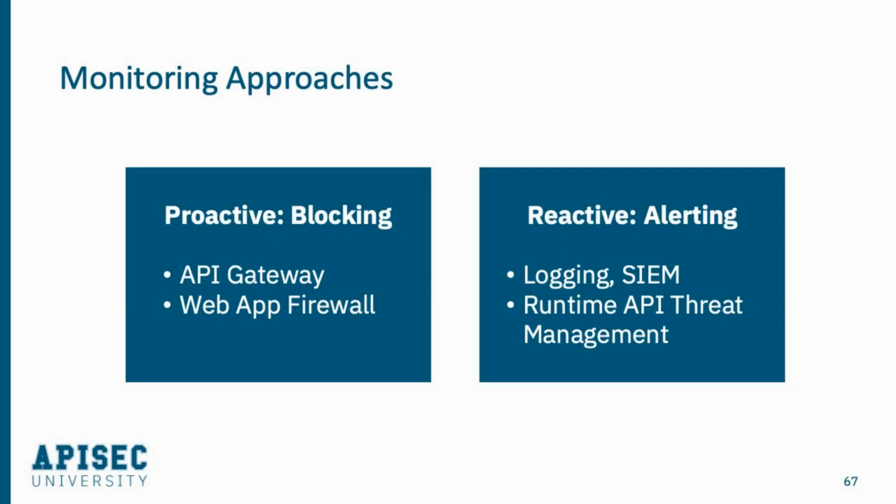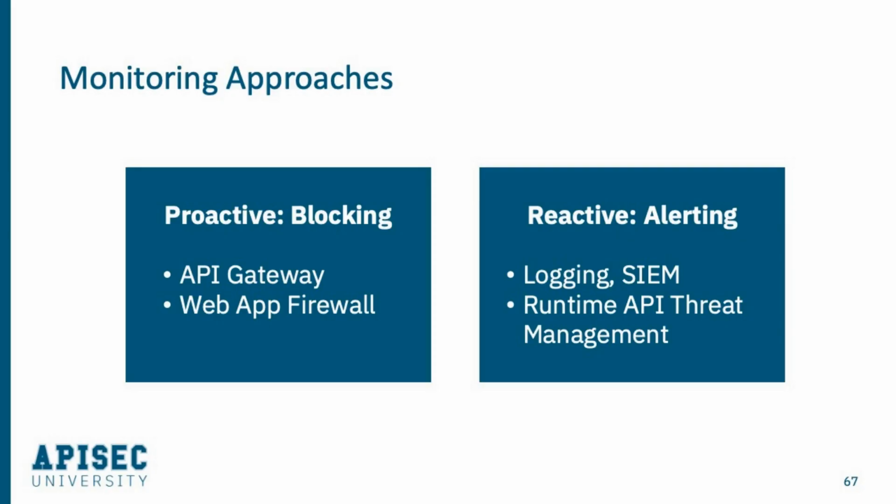The other side is more of a reactive alerting mode for monitoring. Here you want to probably capture all the traffic, log it, put it into a SIEM or a log management type of solution or a runtime API threat management tool. The issue here is you may not have enough context in order to make judgments about whether the traffic is legitimate or not.